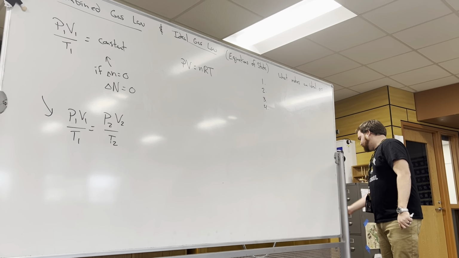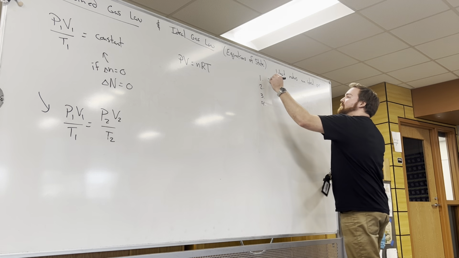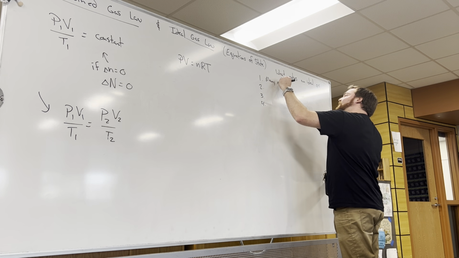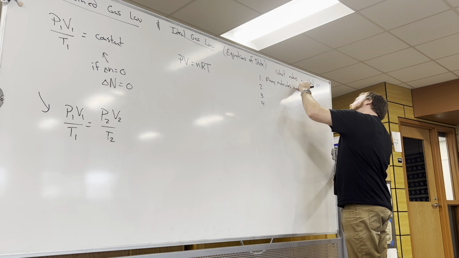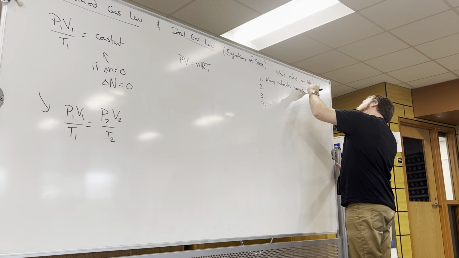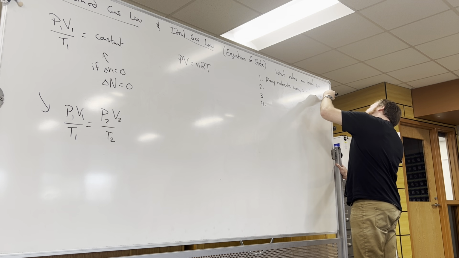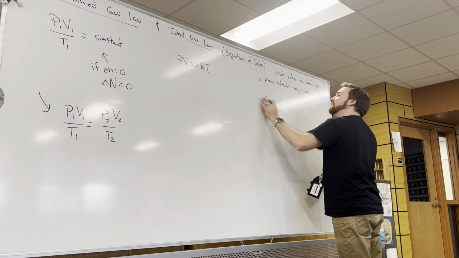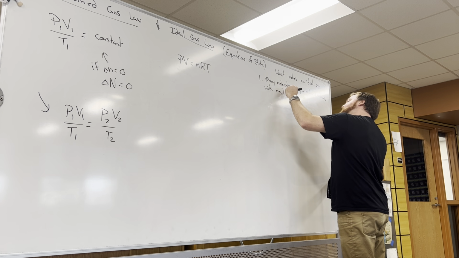So, okay. The first one, an ideal gas has many molecules moving in random directions with random speeds.